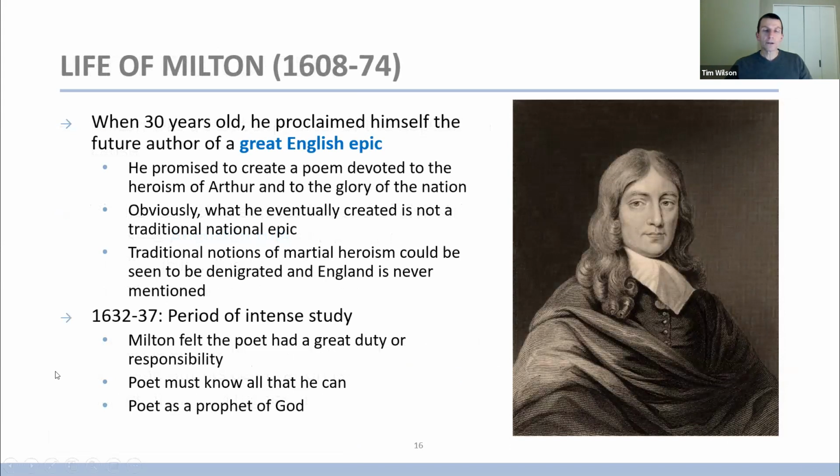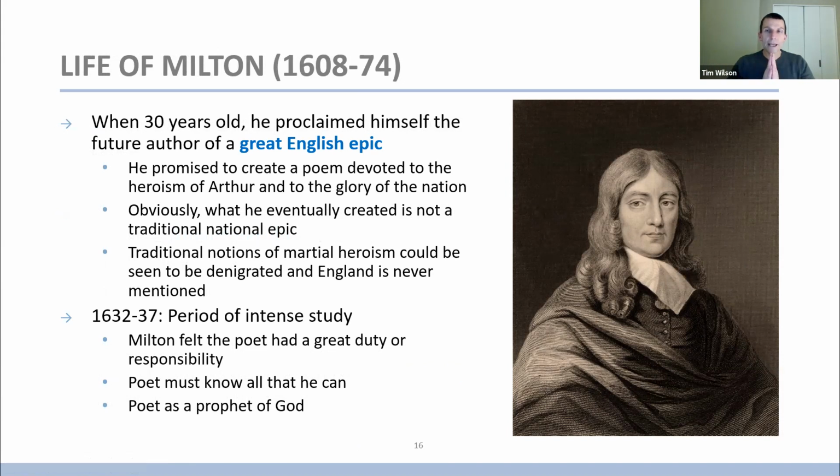So a little bit about his life. I'm going to go very quickly over this. Even from a young age, he had this sense of mission that he's going to be the great English poet and write a great English epic. Obviously this notion of writing an English epic, we have to think about how it was modified.